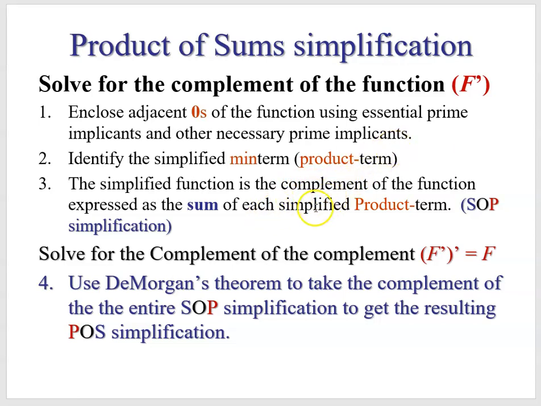So what we found is F prime, but it's going to be a sum, or OR, of each of these product terms. So the next step, an algebraic step, is to solve for the complement of that function, because the complement of the complement, or F prime prime, is equal to F by our involution theorem. So to complement an entire function, we use De Morgan's theorem, and the complement of the sum of products simplification will result in a product of sum simplification.